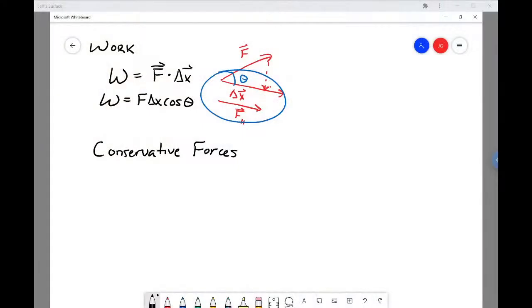So conservative forces is another one of these nebulous concepts. If you look in your textbook, you'll see definitions like this.